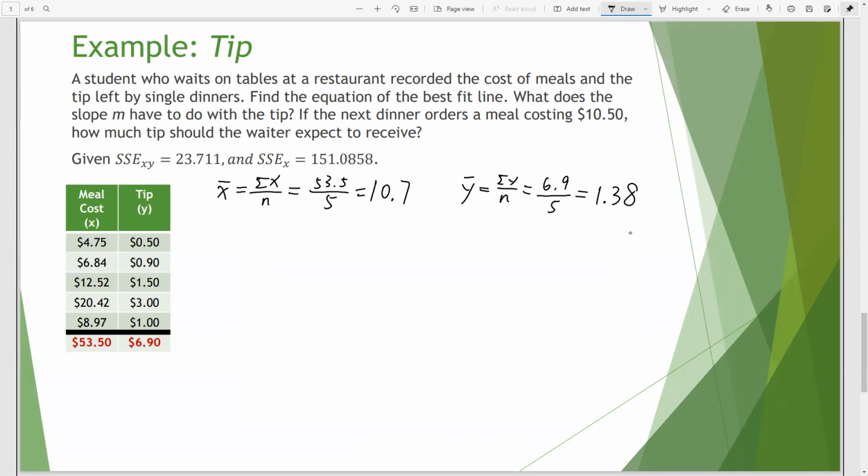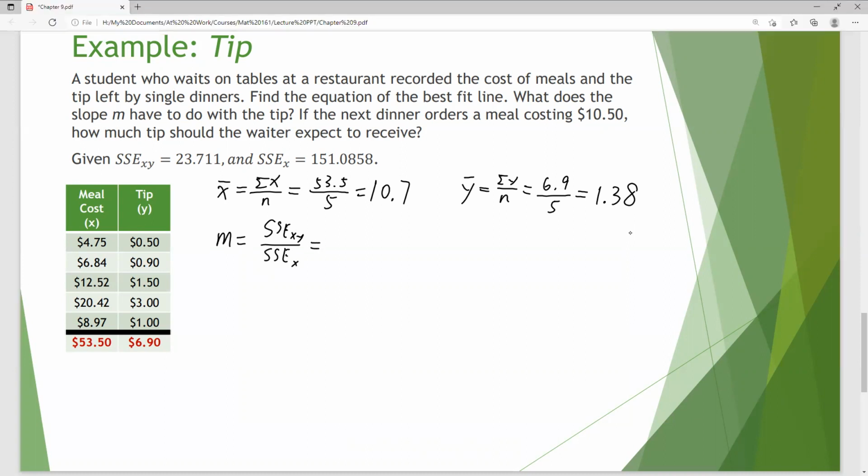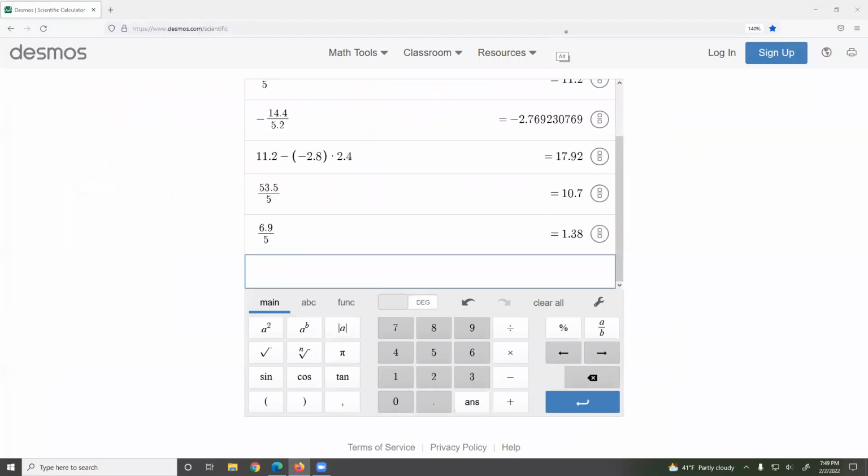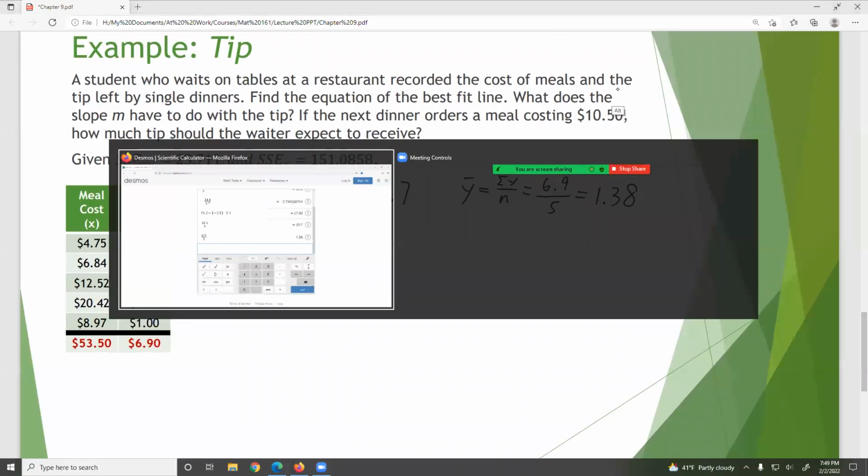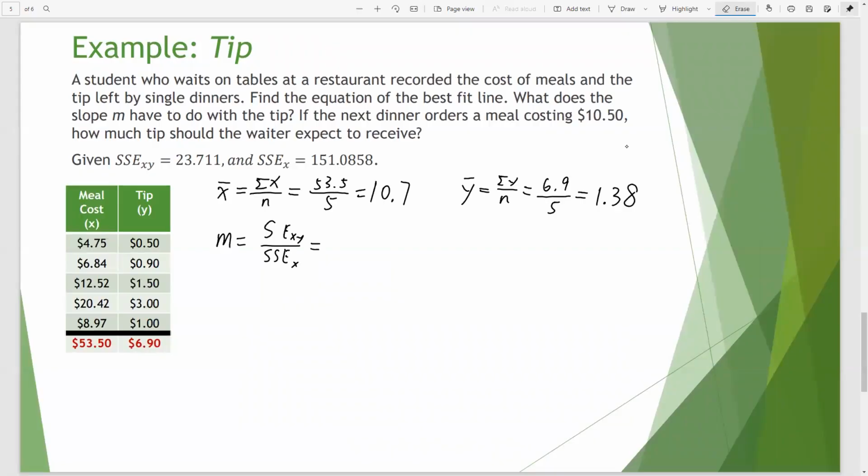X bar, y bar, then we have to find the slope, right? The slope will be the sum of squares of the product over the sum of squares of x. The little s looks a little weird. All right, still weird, but okay.